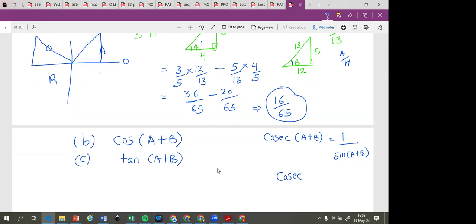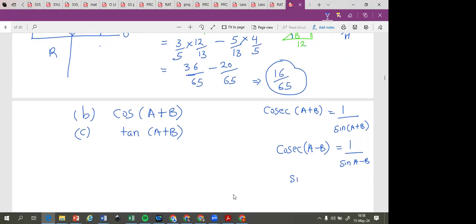Let me use cosec A minus B. Cosec A minus B means 1 out of sine of A minus B. Now, since we have already obtained our sine of A minus B as 16 out of 65, when you substitute where there is sine A minus B, I will put 16 out of 65.